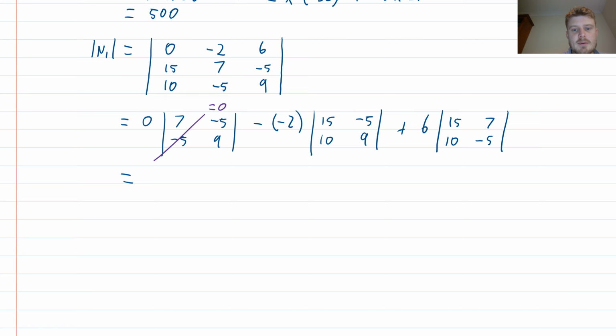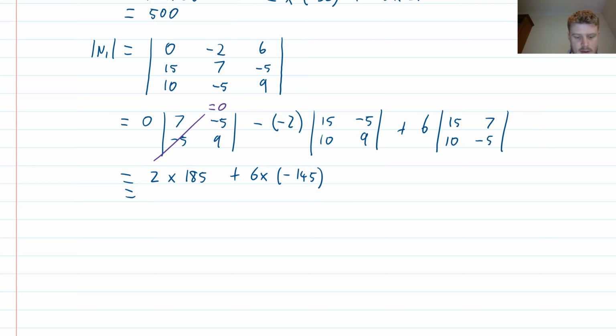Second term will give me, the negatives will cancel, I'll get 2 times, and I'll just multiply this determinant out, so that is 15 times 9 minus 10 times -5 is 185, plus 6 by, again, bear with me, 15 times -5 minus 7 times 10, so that one is -145.